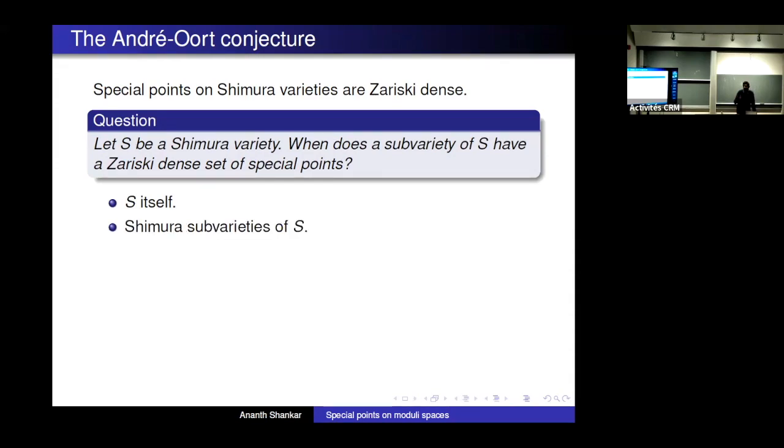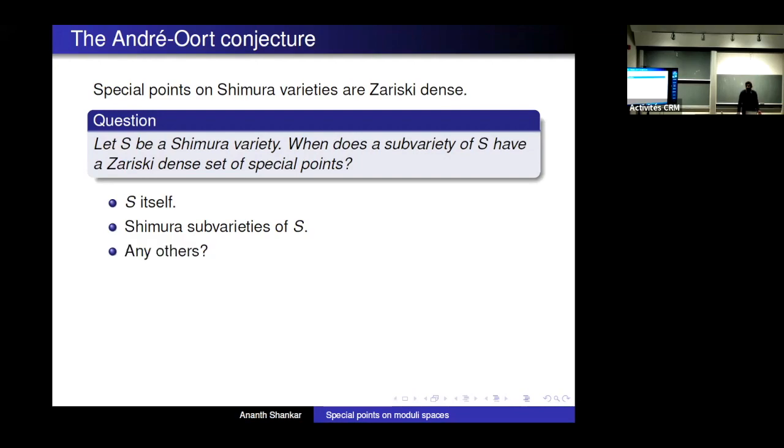We've seen that Shimura varieties map to each other, and under these maps, special points map to each other. So the image of any Shimura variety is also going to have a Zariski dense set of special points. And you can slightly generalize this to say that Shimura subvarieties of S also have a Zariski dense set of special points.